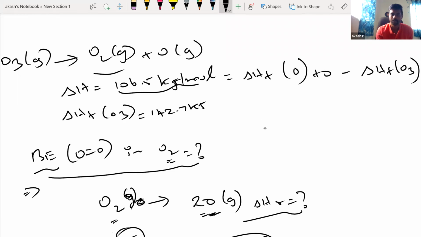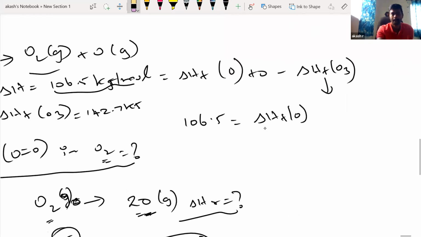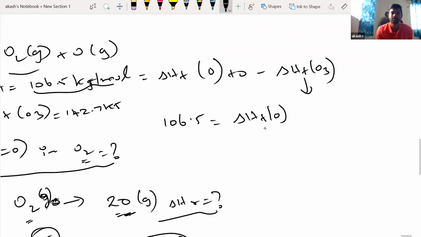This enthalpy of formation of O3 is given to us, so that would be 142.7 kilojoules. And this value we know, that is 106.5 kilojoules, which is equal to the enthalpy of formation of oxygen atom minus, let me write this properly, we'll write minus, what is this?